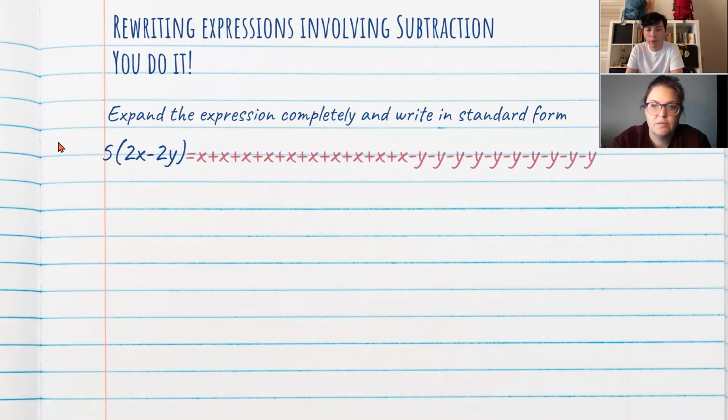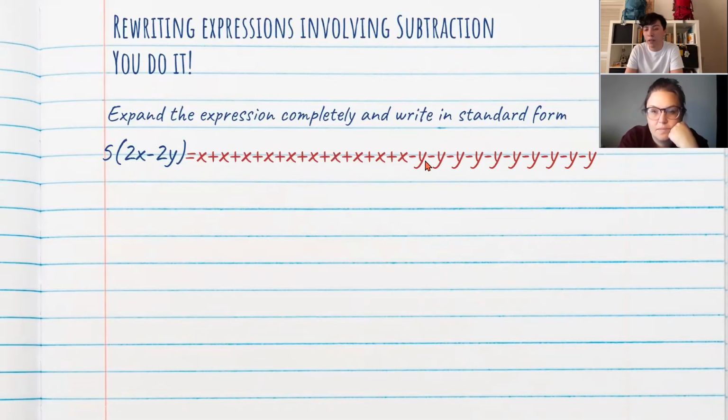Okay, now that you've done the problem yourself, you should have gotten the completely expanded expression of x plus x plus x plus x plus x plus x plus x plus x plus x plus x. So you should have gotten 10 x's.